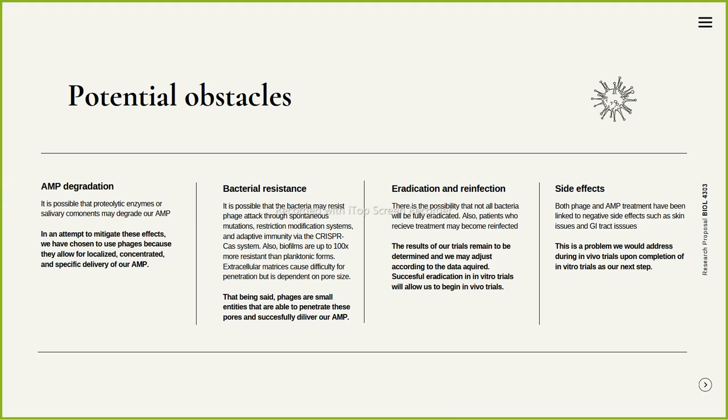As far as bacterial resistance goes, as we all know, with the emerging technology that is CRISPR, bacteria have immunity, and with this they can adapt and gain immunity against bacteriophages.